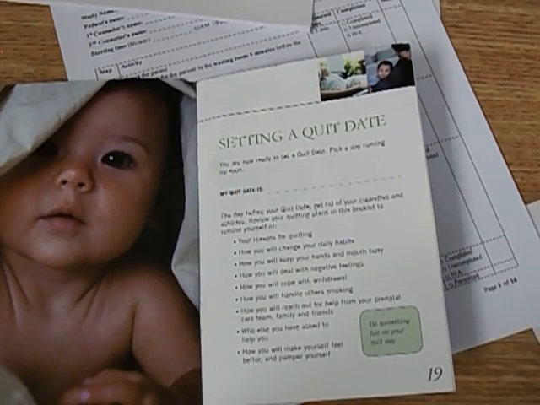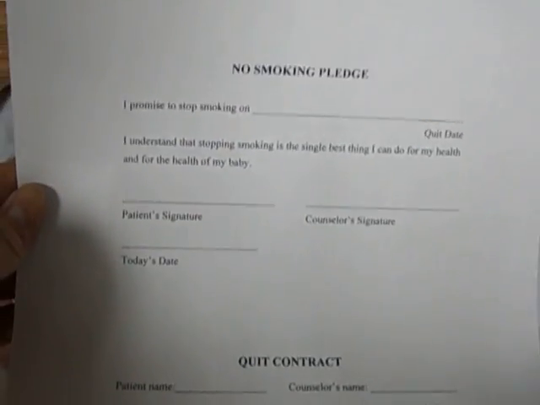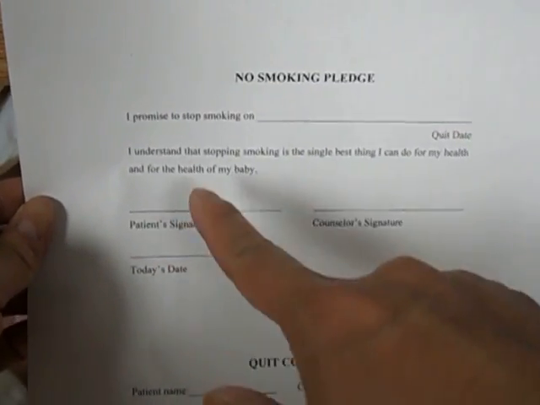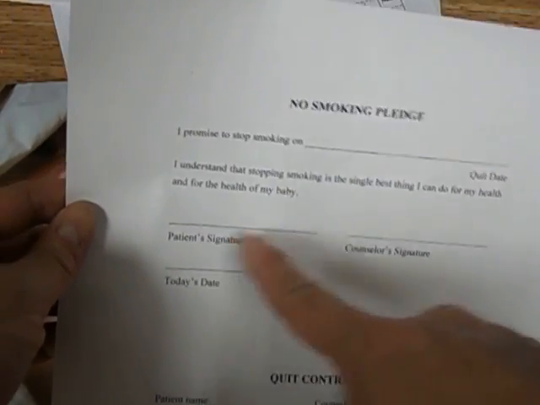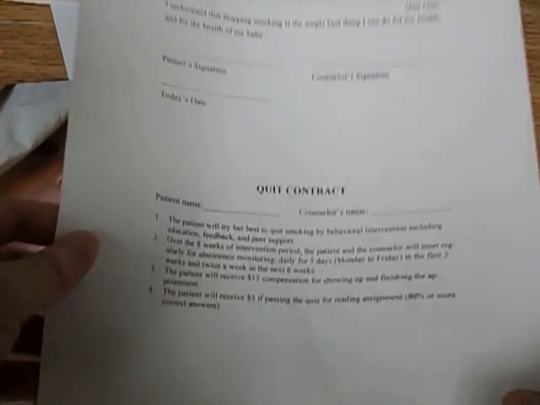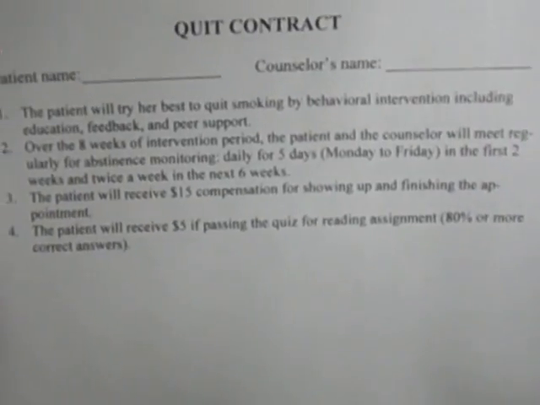And then there's actually a pledge sheet that we want to fill out also. No smoking pledge. So right here, fill out the quit day, the patient signs it here, the counselor signs here, and today's date. Before you actually sign it, review the bottom 4 points.